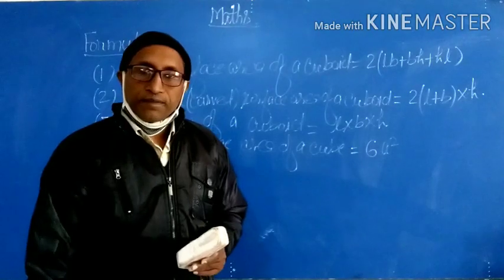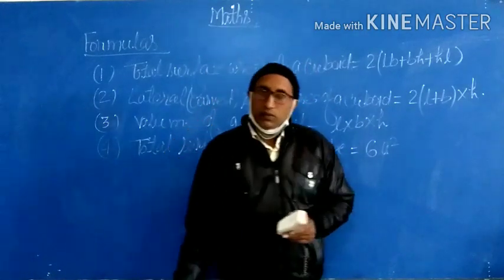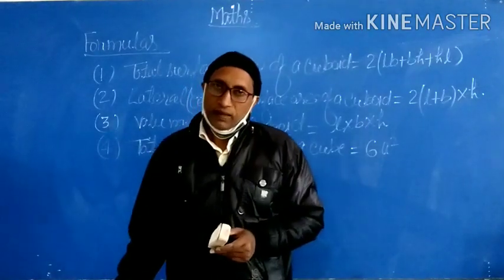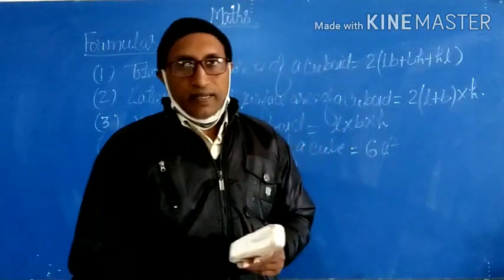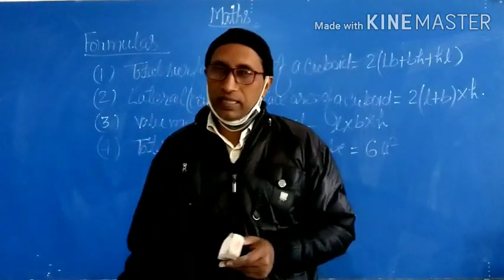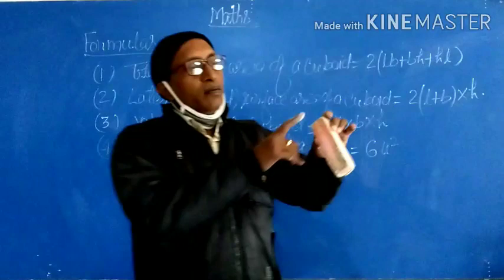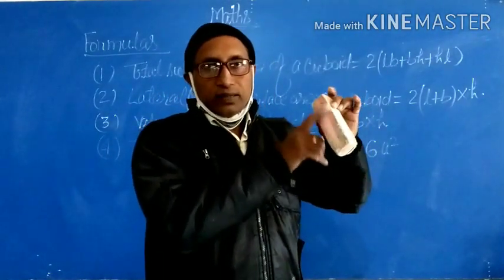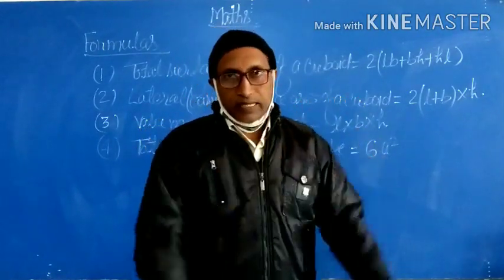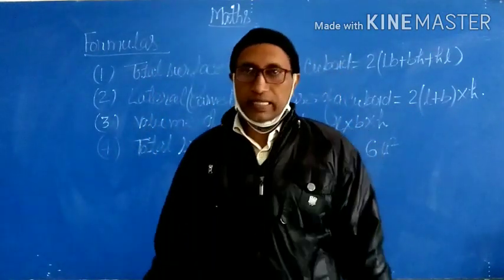Cube means a solid figure whose faces are square plates, meaning a solid figure whose length, breadth and height are all equal to each other, and that makes a cube. The area of a square is a square, and we have 6 faces, therefore the total surface area of a cube is equal to 6a square.